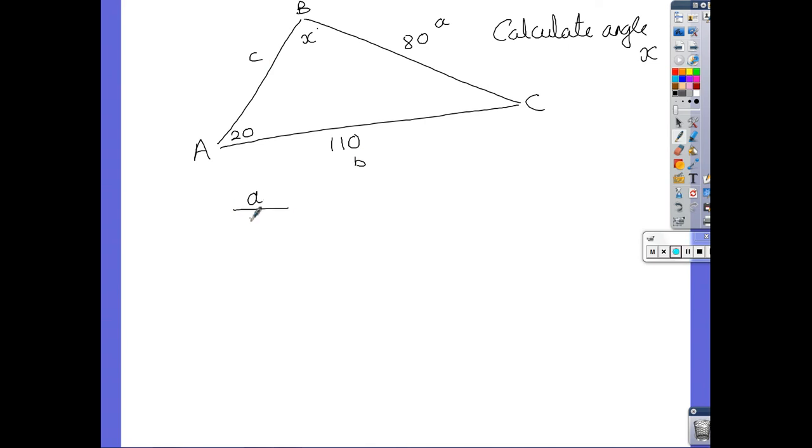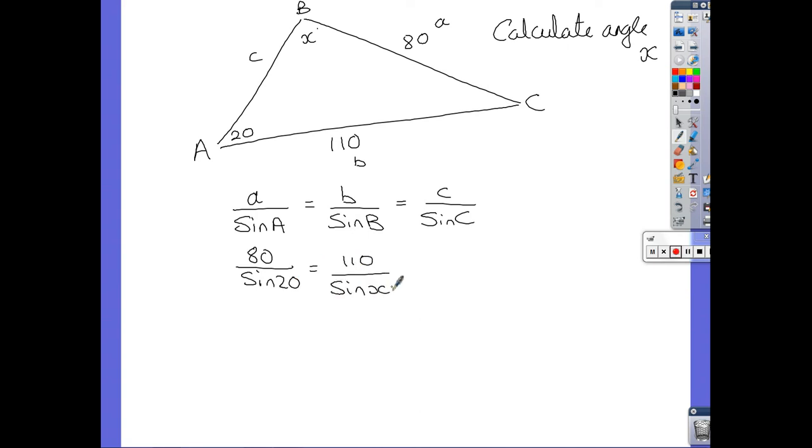If we write our formula, and we start to substitute into our formula, we have 80 over sine 20 equal to 110 over sine x, because we're trying to find angle B, and then we don't need C, we have no values for C. Now let's do our cross multiplication like the previous example to solve for x.